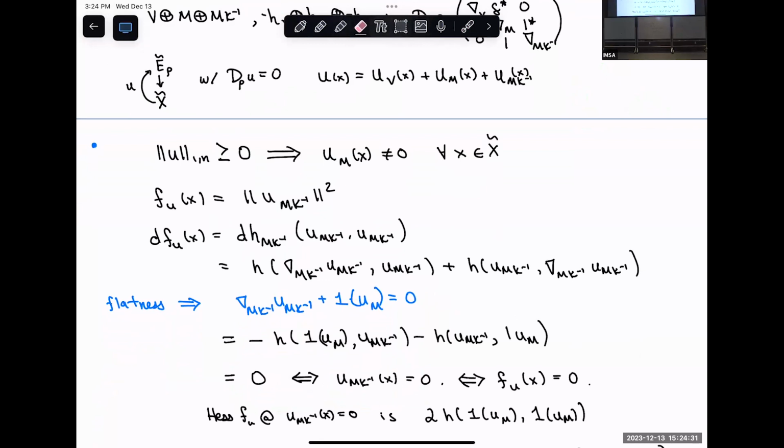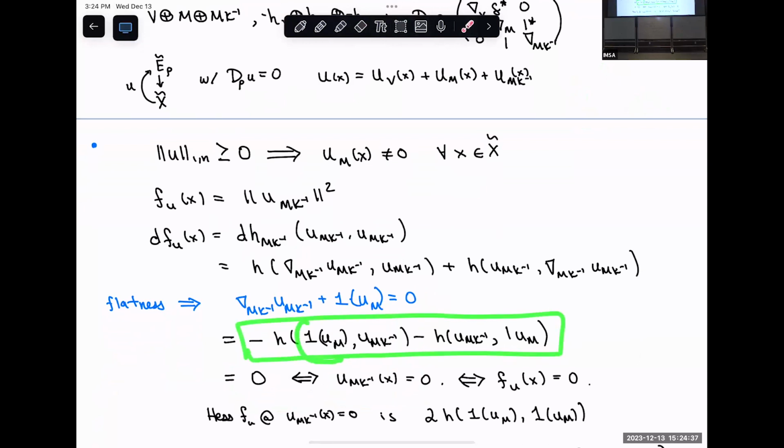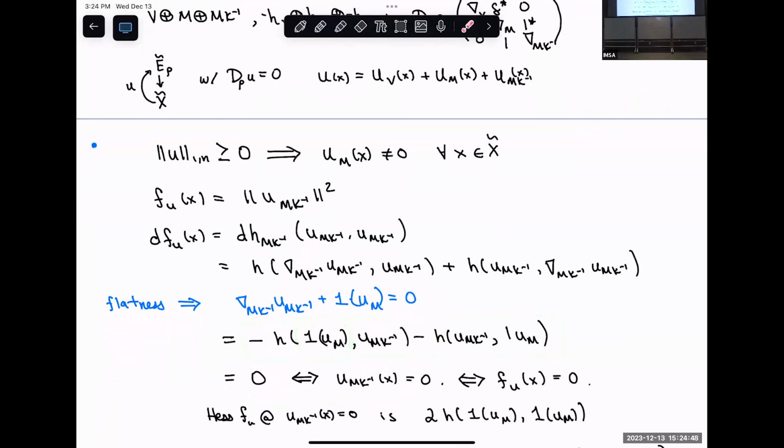So what you get is this expression here, and the key thing is that 1 is nowhere 0, and this vector u's projection onto the middle factor is also nowhere 0. So this derivative is 0 exactly when u_MK inverse, the projection onto the last factor, vanishes.